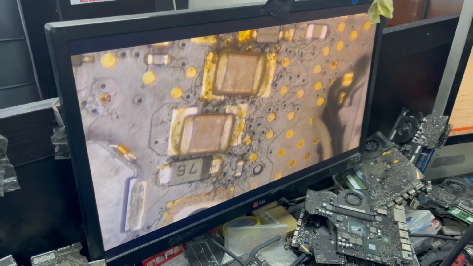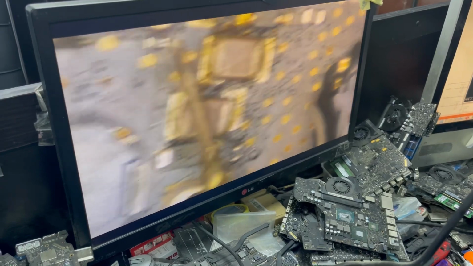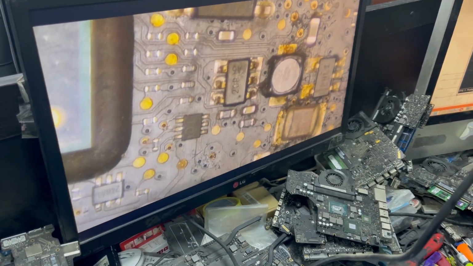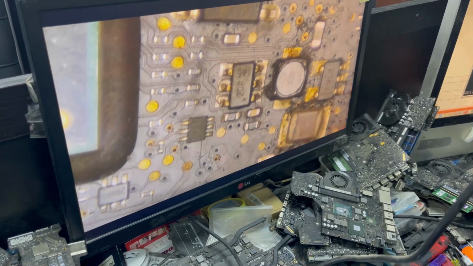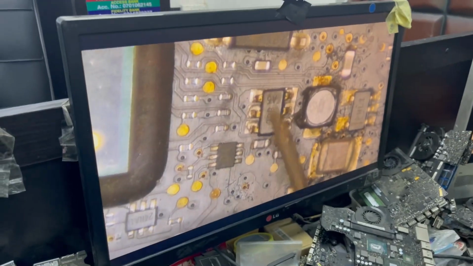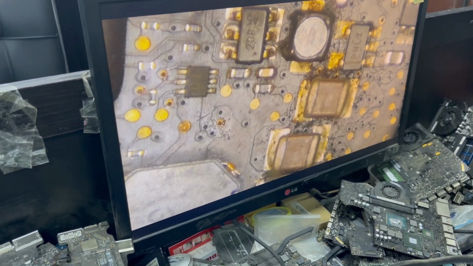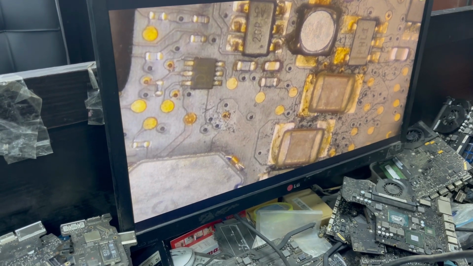Whenever Q9706 sends 12 volts out, these caps receive the 12 volts and send it to the screen.